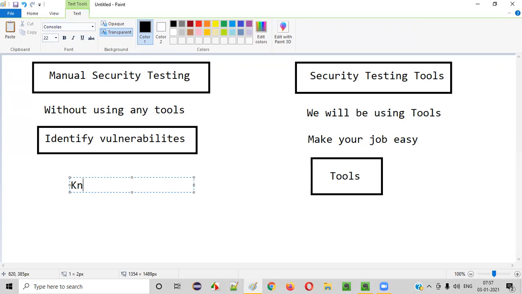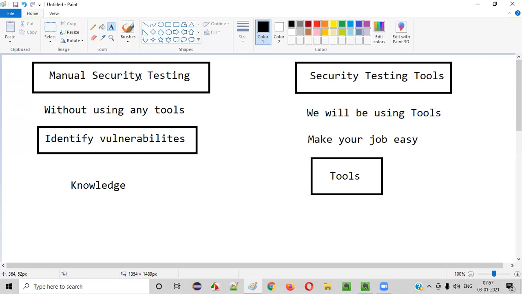In security testing, tools are nothing, guys. Knowledge matters. If you have good knowledge in security testing, you can have a good career in security testing. But if you simply learn the tools and perform security testing using them, you will not have that much knowledge, guys. You are like a tool person.